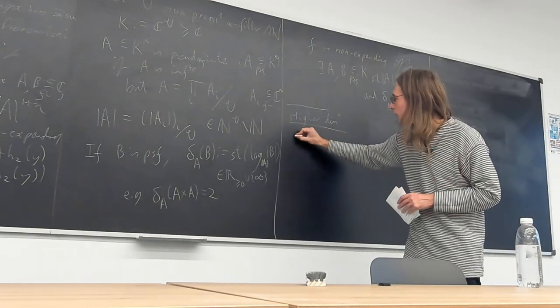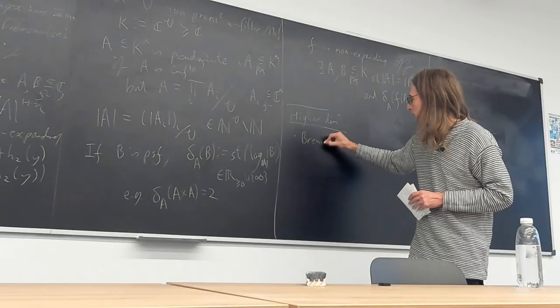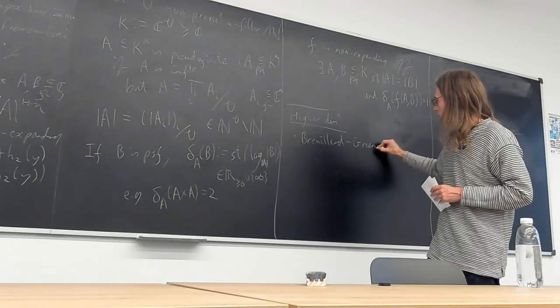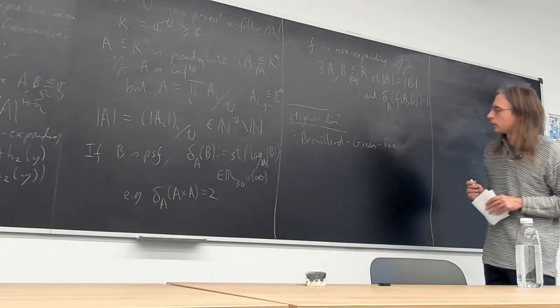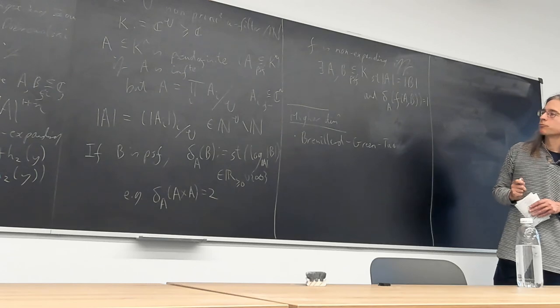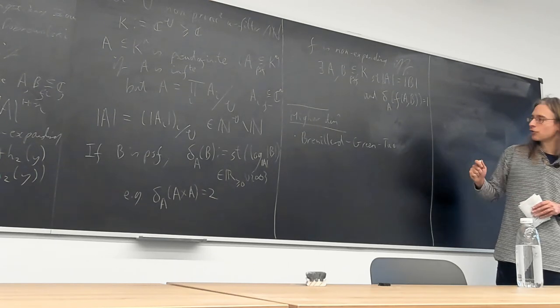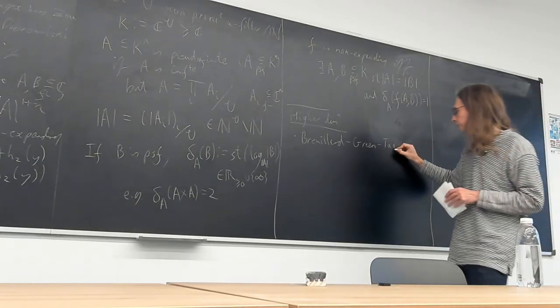The first is a result of Green and Tao, which is really about approximate subgroups of linear algebraic groups in characteristic 0, but I'll express a consequence of it in these terms.